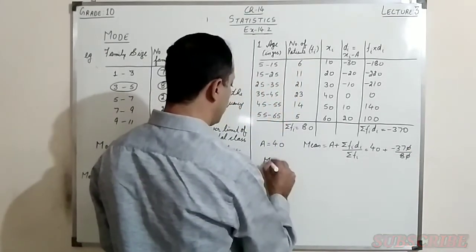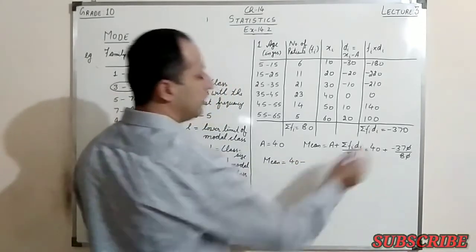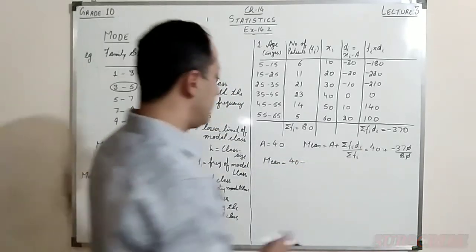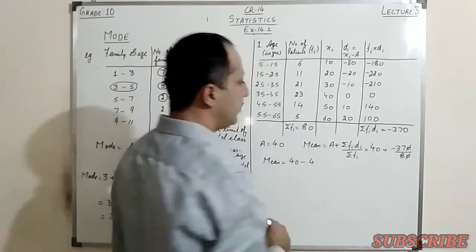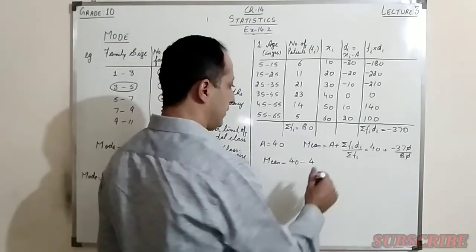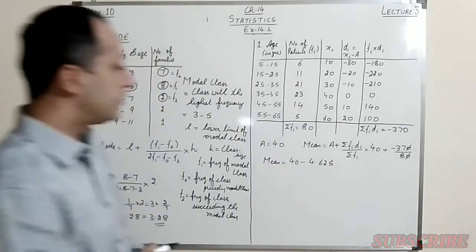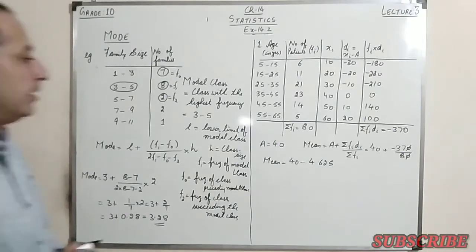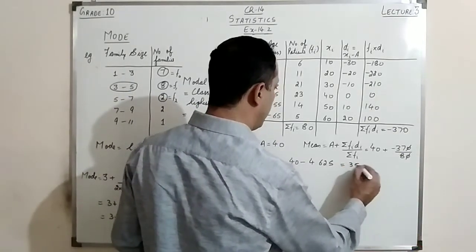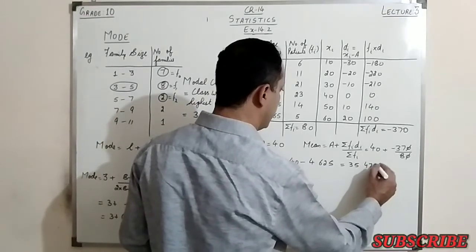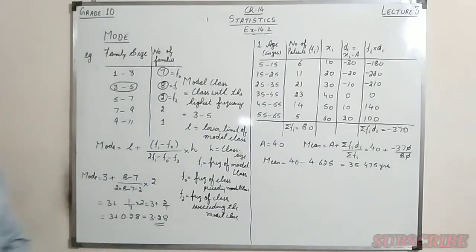So the mean we have got here is 40 minus, we divide 37 by 8, so this will be 4.625. So this is 40 minus 4.625 and we get the value as 35.375, and this is in years. This is the value of the mean.